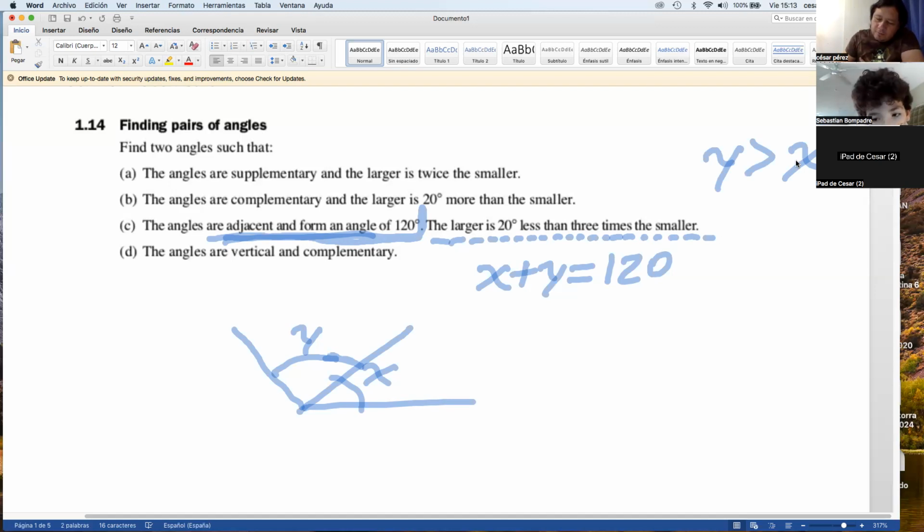How can we find this equation? Can you find this equation?